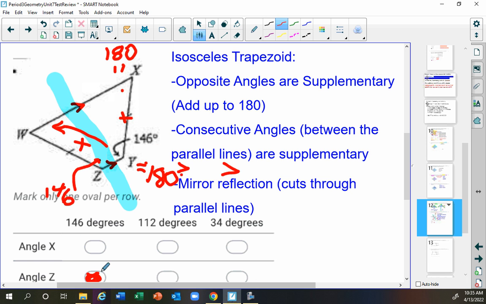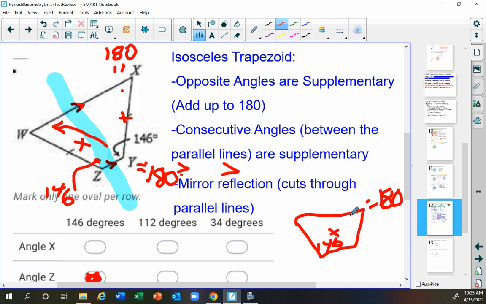Now if Z is 146, what must X be? Well, you got one of two ways you can get the value of X. If you go diagonal, it has to be 180. Or, I'll draw it this way. Yep, 180 minus 146. So that's 146 plus, well, or you do the subtraction.